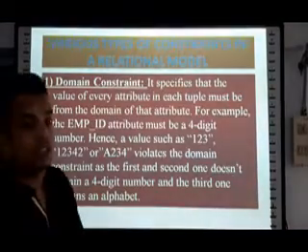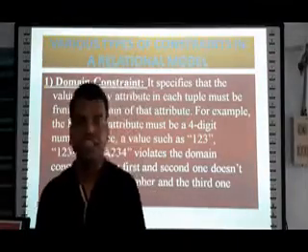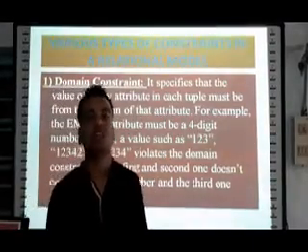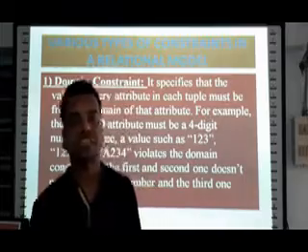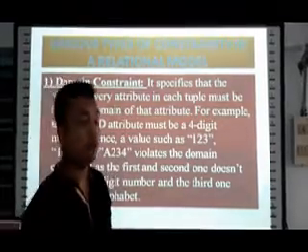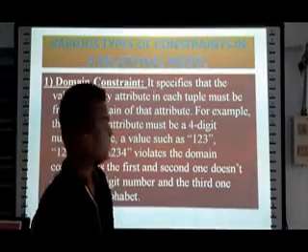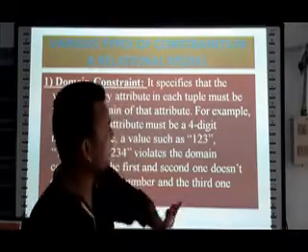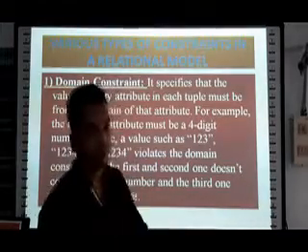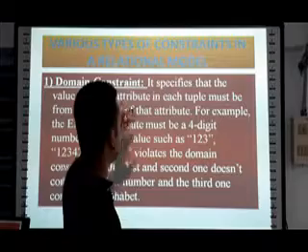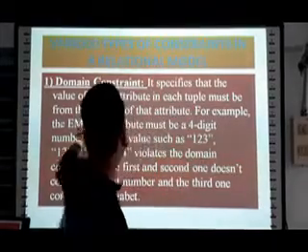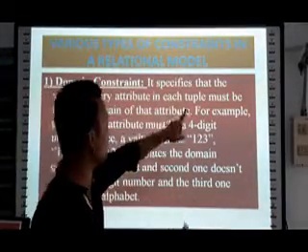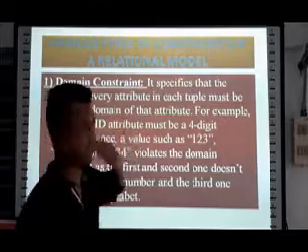The first kind of constraint that can be applied in a relational model is known as the domain constraint. Now, what is a domain constraint? I will first read out the point, and then go ahead with the explanation. It specifies that the value of every attribute in each tuple must be from the domain of that attribute.